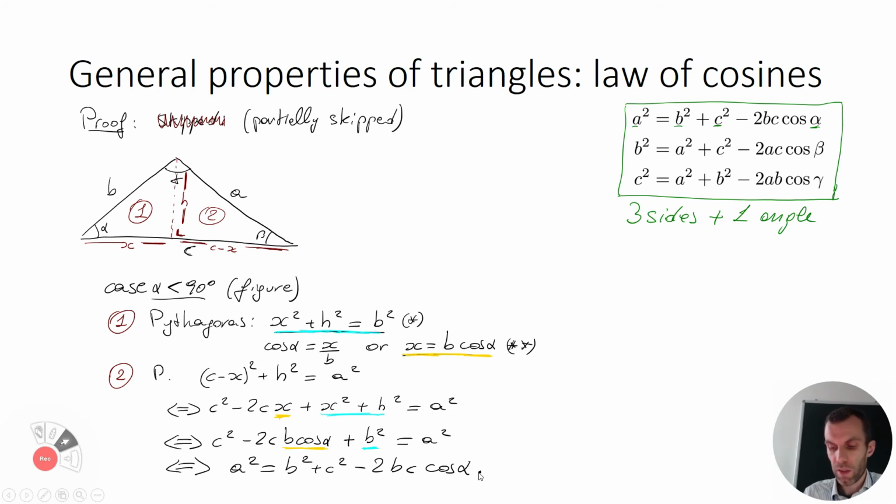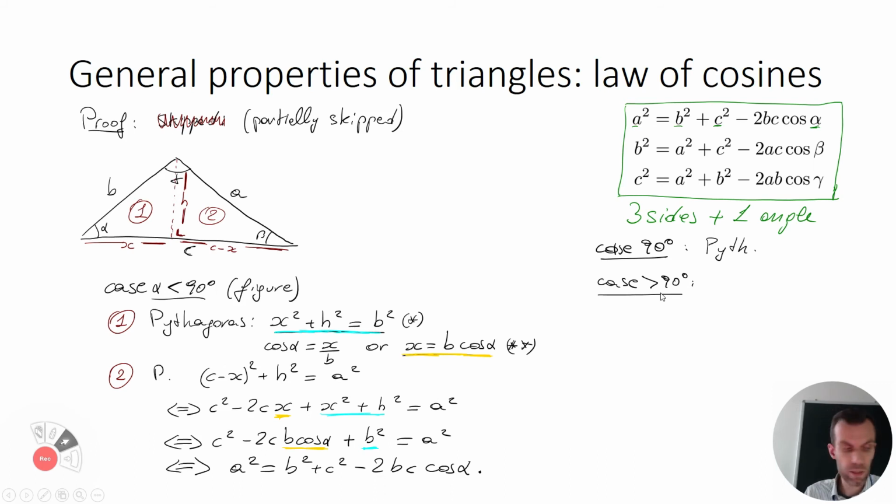The tricky thing is that this is only one of the cases, so there's 2 other cases. Case 90 degrees for alpha, then basically this becomes a right angle triangle, and then you can use Pythagoras. And case bigger than 90 degrees, then this becomes an obtuse triangle, and then you have to draw different right angle triangles.